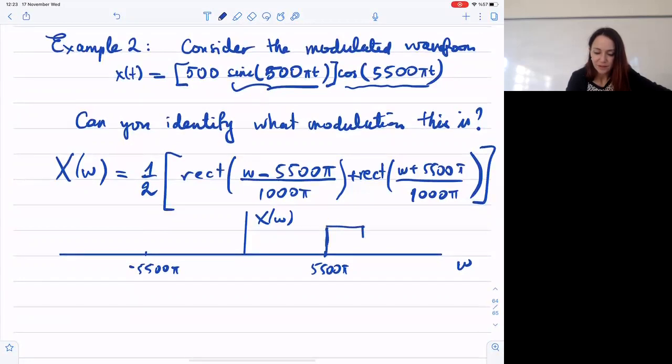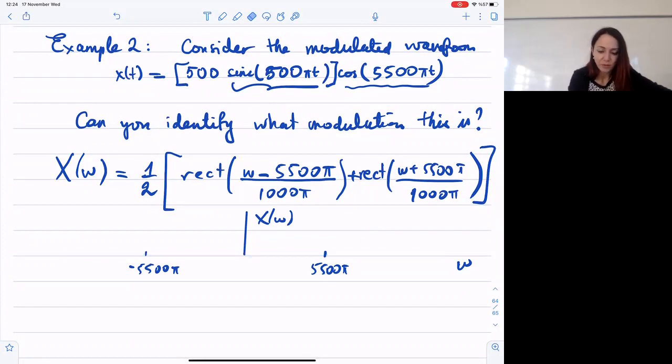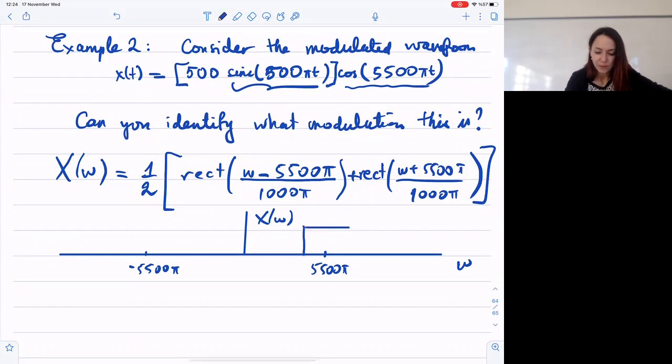Like this? No? So, oops. What is the width?